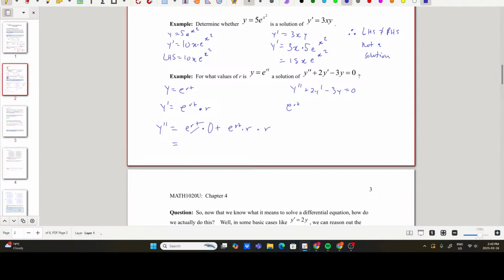The constant is going to be 0. So all that's left is e to the rt times r times r, so e to the rt r squared. There we go. Perfect.